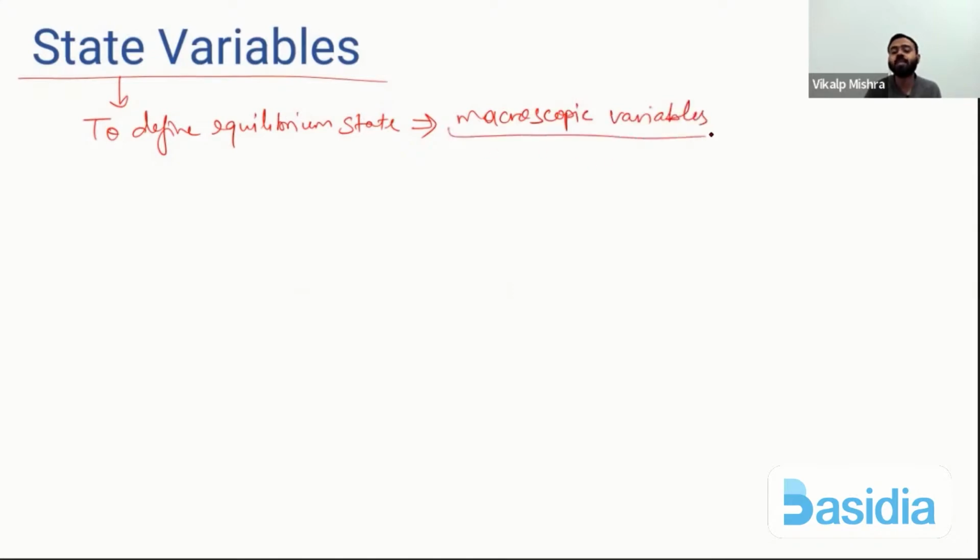And those macroscopic variables by which we define the equilibrium state of any system are called state variables.